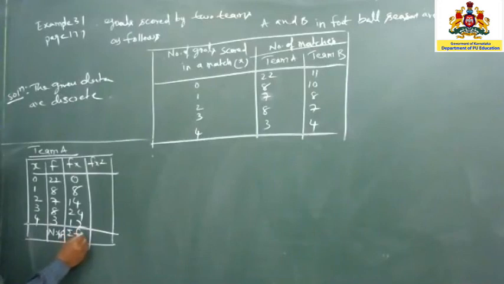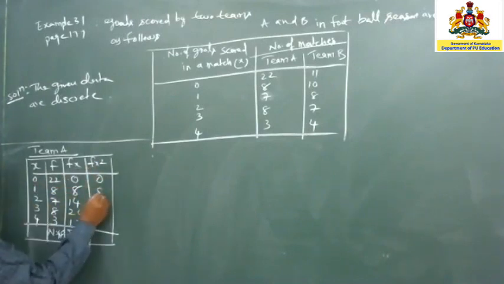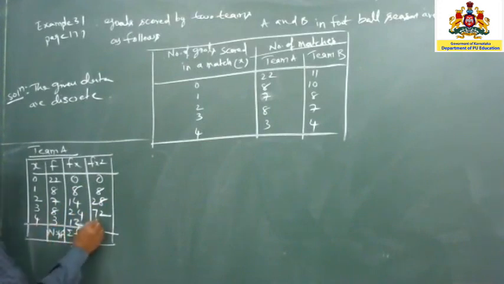Summation fx is 58. Then fx square, fx into x: 0, 8, 28, 72, 48. Summation fx square is 156.